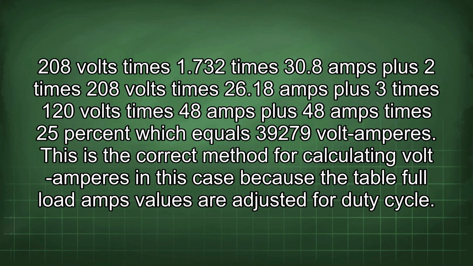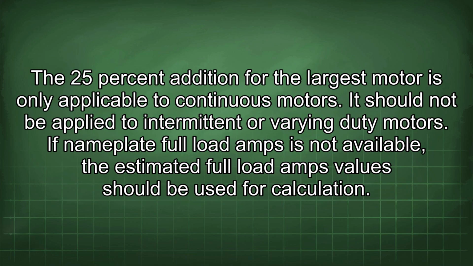This is the correct method for calculating volt amperes in this case because the table full load amps values are adjusted for duty cycle. The 25% addition for the largest motor is only applicable to continuous motors. It should not be applied to intermittent or varying duty motors.